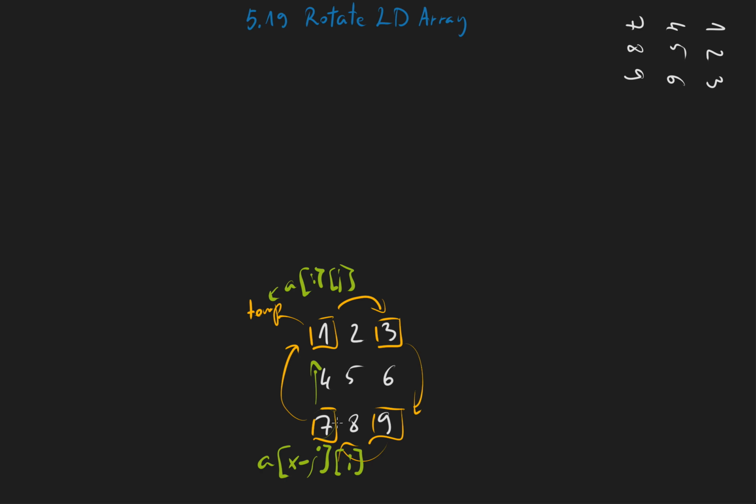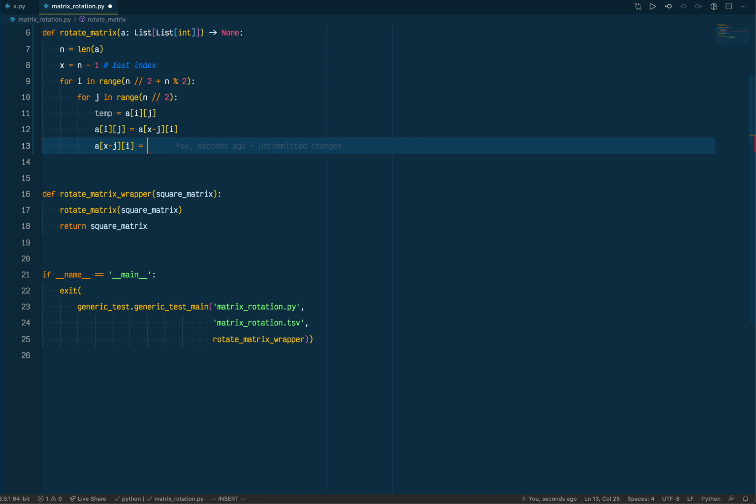Okay, so next, let's look at this one. This one needs to go to its next place, and to see what is actually changing here, we start at the last row and the row stays the same. So it's x minus i, but the column starts with the last index, which is x, and it changes often, right? We are changing columns. So we do minus j. So it's x minus i, x minus j.